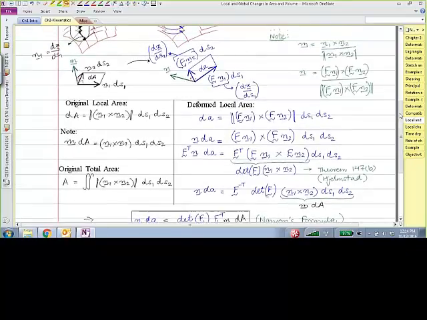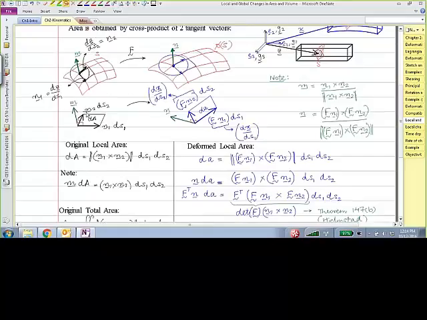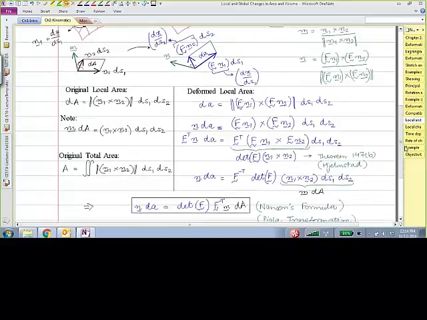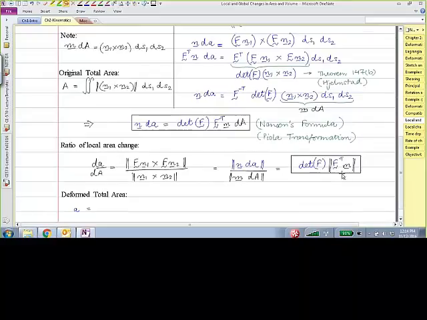is the relative change in area locally at a point. So at this particular point, I had N1, N2 that went to FN1 and FN2. So this small area, capital dA, went to this small area, small da. The ratio of those areas is given by this expression, determinant of F times the norm of F inverse transpose acting on N. This is a tensor that acts on a vector to give me a vector, and I take the norm of that vector to give me that ratio.